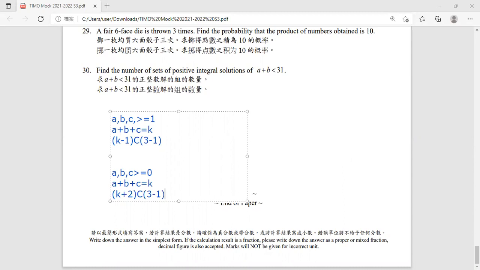So you have to adjust the number first and then use the solution. Adjust the number first, go to the basic. Why? Because I have to add 1 to a, b, c.